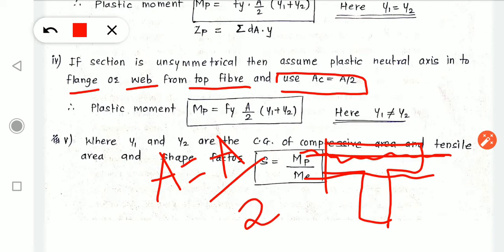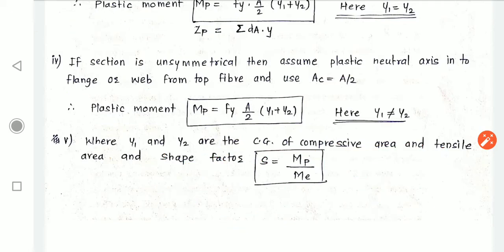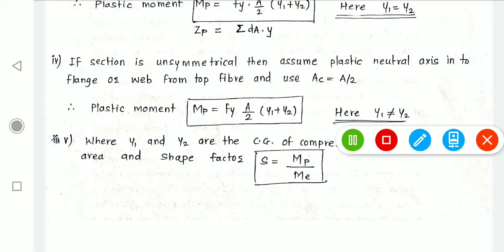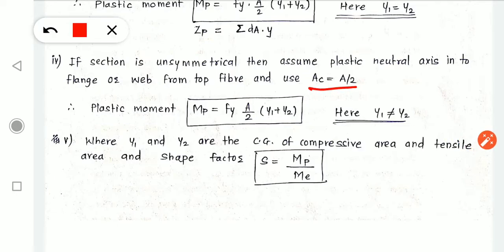Therefore we have taken the compression area as 1 by 2, because wherever the neutral axis lies, maybe in a flange or maybe in a web, it will cut this total area into half. Understood? Therefore I have said AC is half of the area.